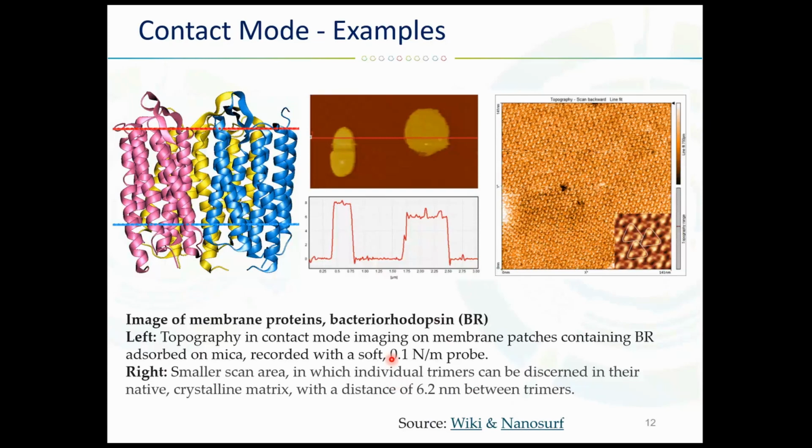And let's talk about rhodopsin a bit more. So for those who are not very familiar with protein biology, bacterial rhodopsin is a protein from halobacteria, and it acts as a proton pump every time when this protein is exposed to light energy, and basically it transfers a proton across the membrane.